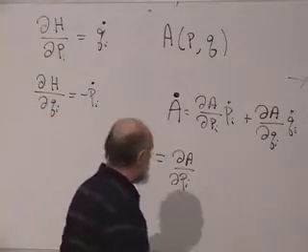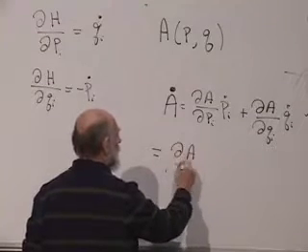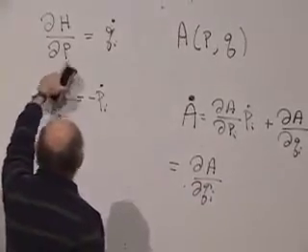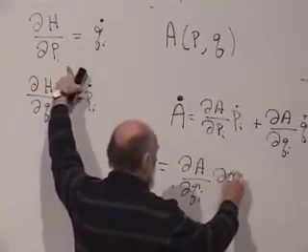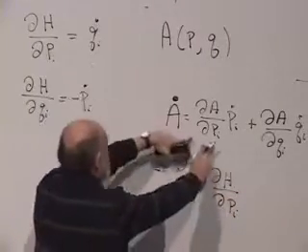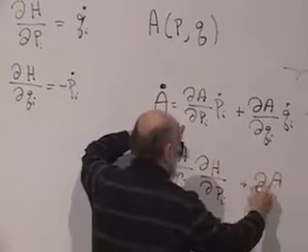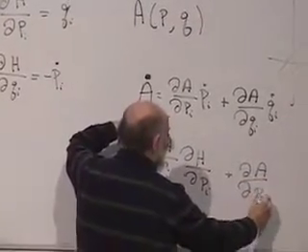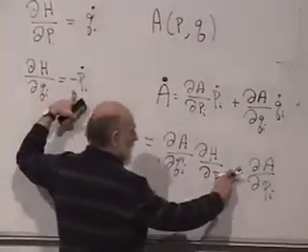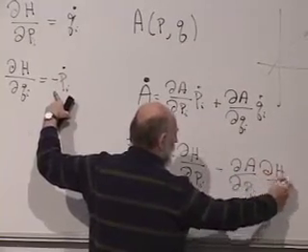I wanted to start with the plus sign, so let's start with the plus sign. ∂A/∂q_i and q_i dot is ∂H/∂p_i. And then we have ∂A/∂p_i times p_i dot. But p_i dot, first of all, has a minus sign, and then it has ∂H/∂q_i.